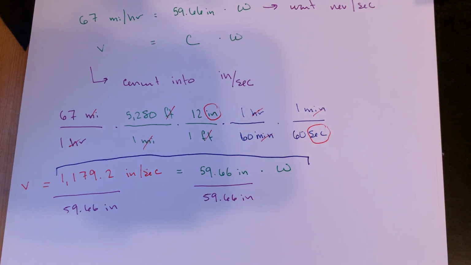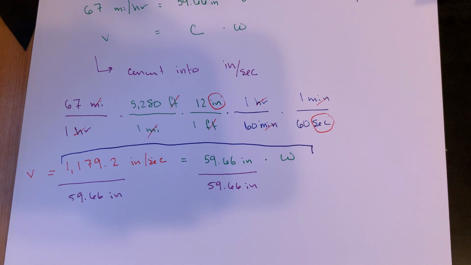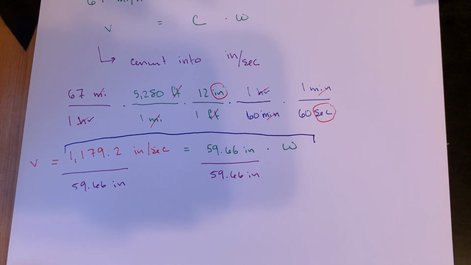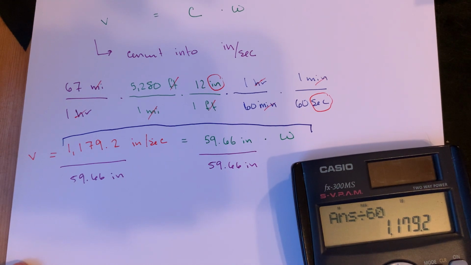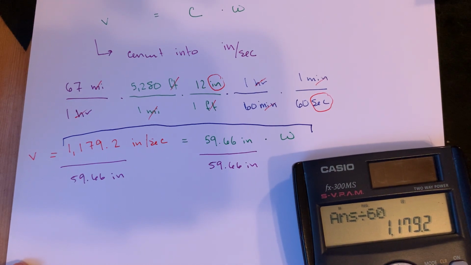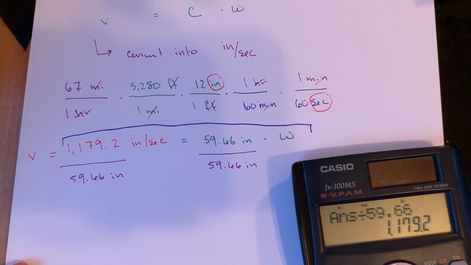You'll notice I'm kind of skipping, putting in this is inches per revolution, and that I'm just trying to simplify the work just a little bit. Obviously the units here are super important. You need to keep track of them to know what the heck you're doing. But you can do a little bit of shorthand just to save yourself some time.